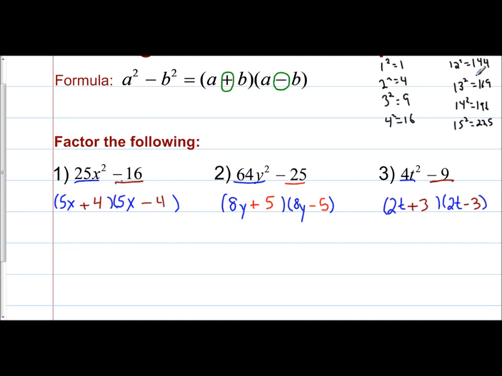If I were to put 144 down, you should know that's a perfect square. So practice your perfect squares 1 through 15, and practice applying this concept of factoring the difference, meaning subtraction, of two perfect squares.